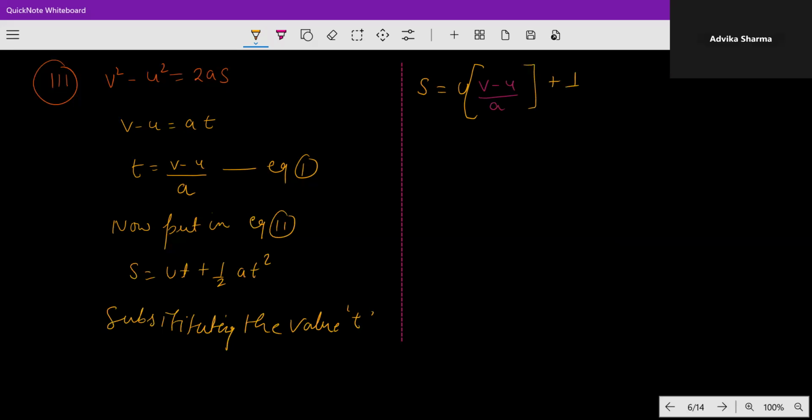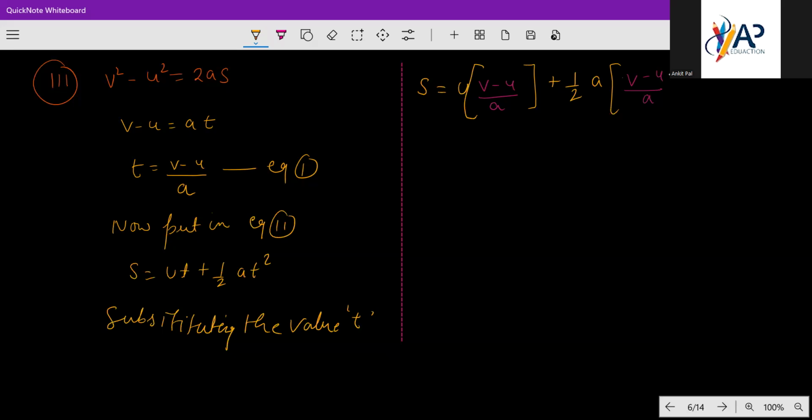Plus half into a, and then the t value is v minus u upon a, whole square, right?